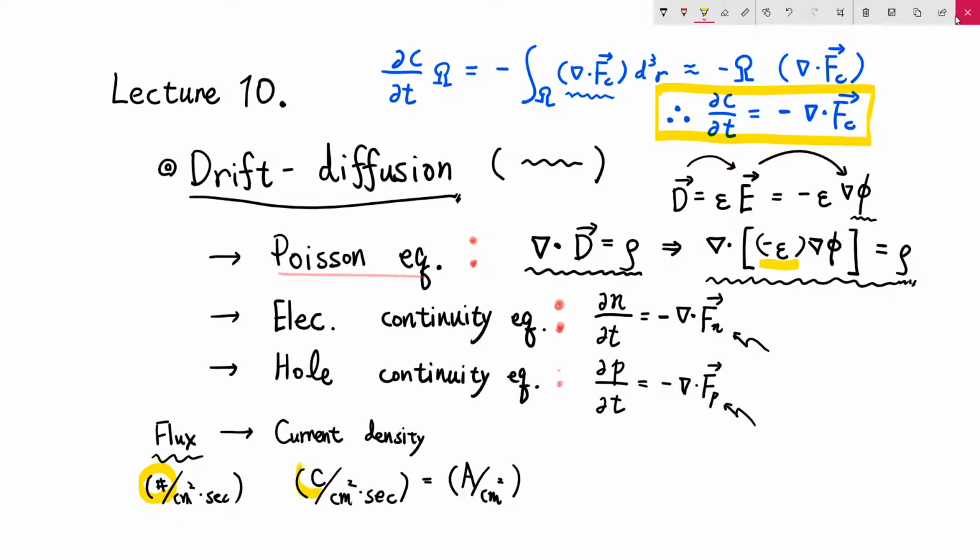However, now we have to consider the charge carried by that charge carrier. So in the case of electron, each electron just carries minus q. In this lecture, q is regarded as positive 1.6 times 10 to the minus 19 coulomb. So the electron's elementary charge will be written as minus q.